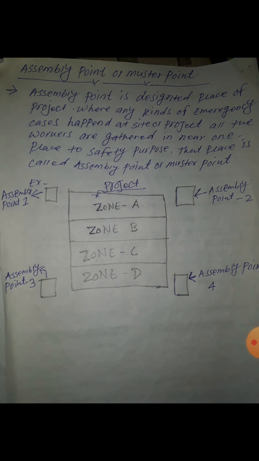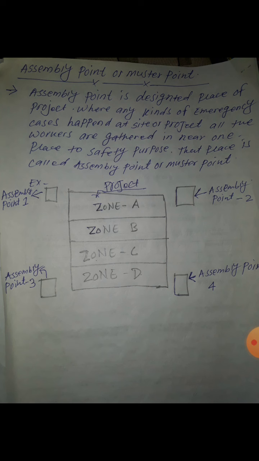Every project has a minimum of 4 assembly points or master points. There are four corners, and they make 4 assembly points: assembly point 1, assembly point 2, assembly point 3, assembly point 4.